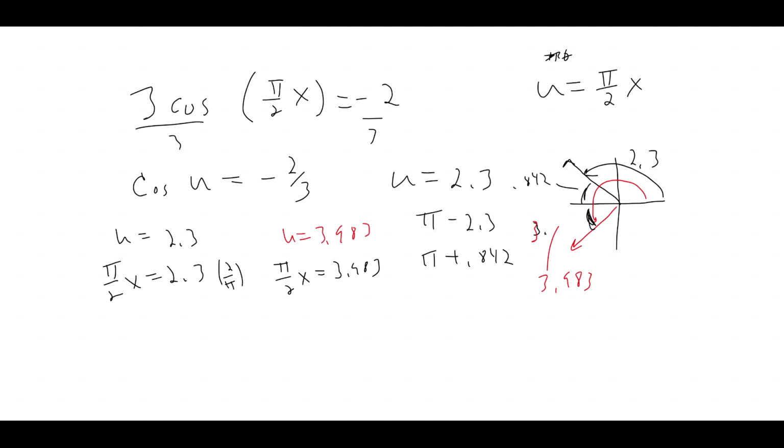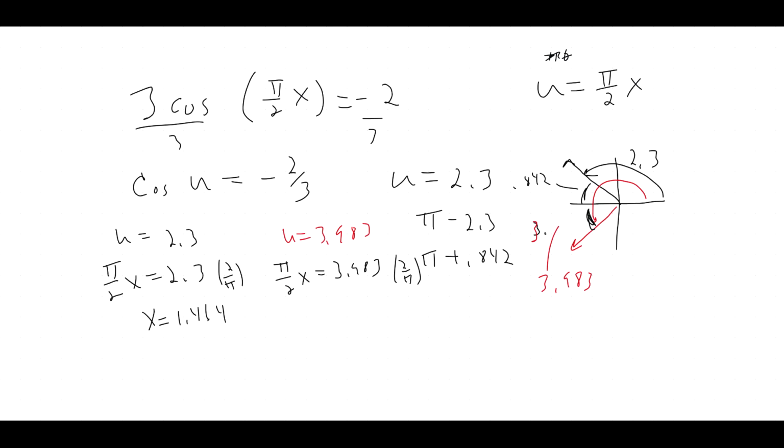So to get those first 2 positive answers, I'm just going to take 2.3 times 2 divided by pi, and I'm getting 1.464. So x equals 1.464.